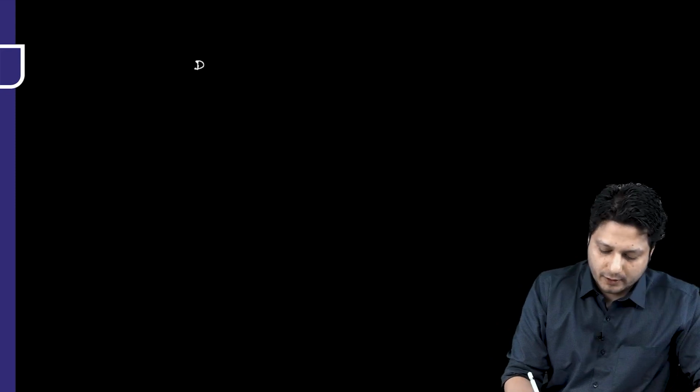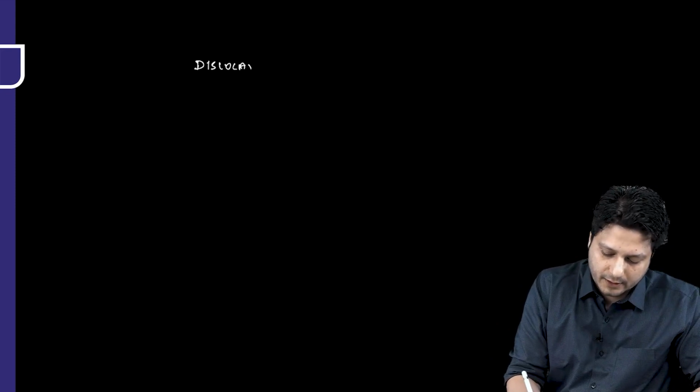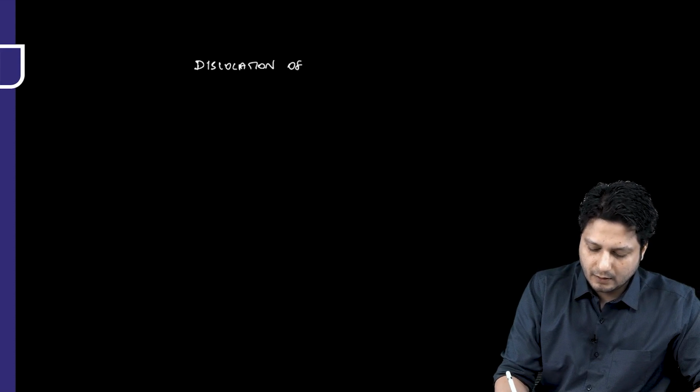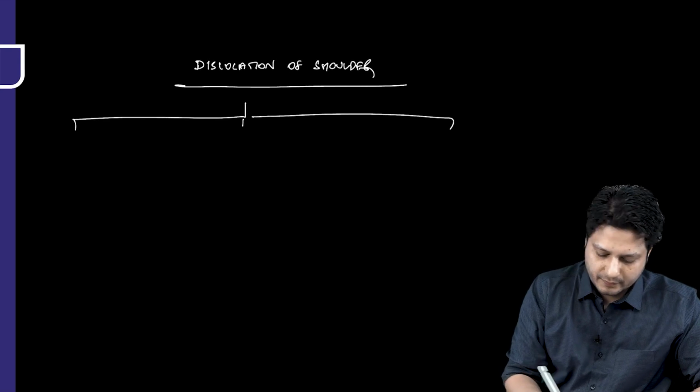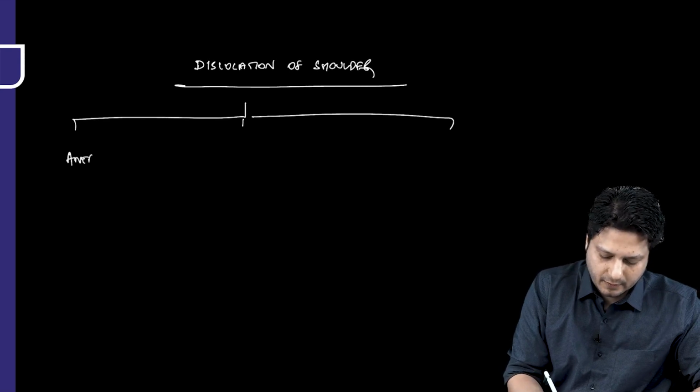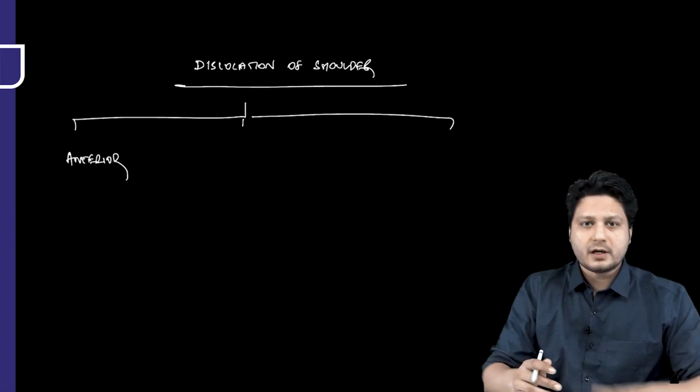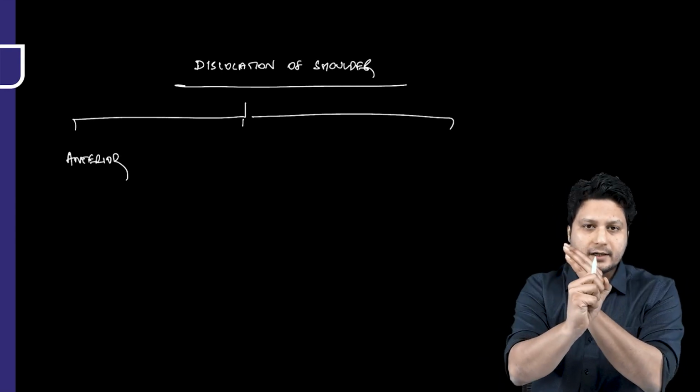With these questions in your head, let's have a discussion on the first topic, that is dislocation of the shoulder. Now, as I told you already, shoulder dislocation could be categorized into three different categories. The first one is the anterior dislocation of the shoulder. Anterior dislocation means when the head of the humerus is moved anterior to the glenoid.